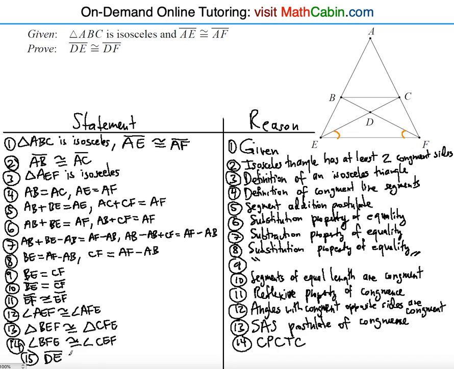So DE is congruent to DF. And the simple reason for that is opposite sides of congruent angles are congruent.